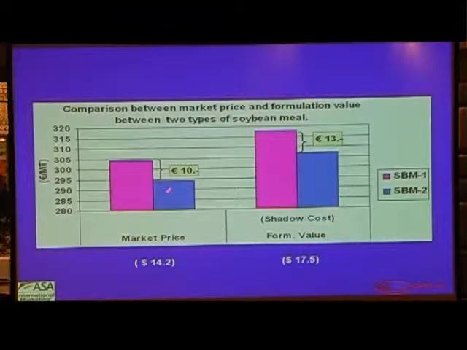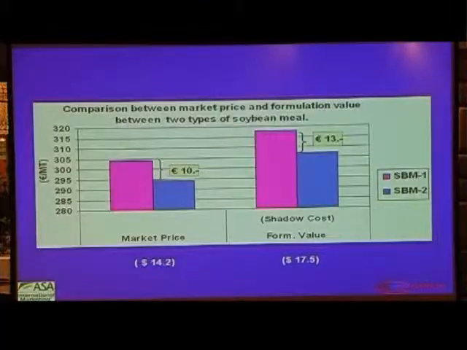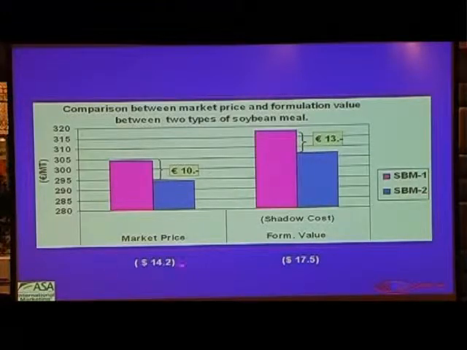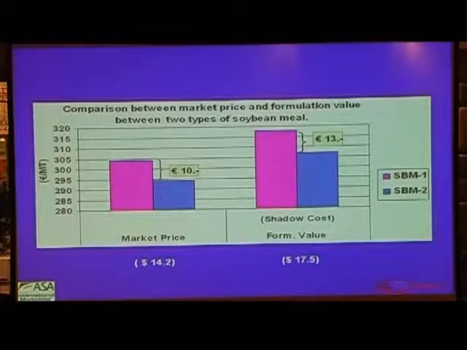Here you see the comparison between the market price and the formulation value when you run single blend formulations with these two soybean meals. Again, for broiler formulation, the market difference is 10 euros, which is roughly equal to $14.2.